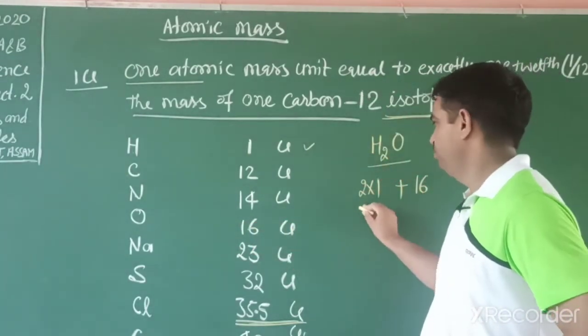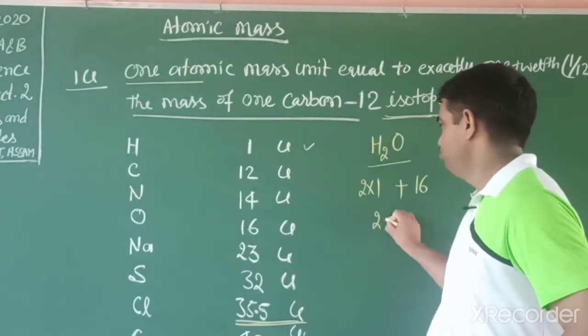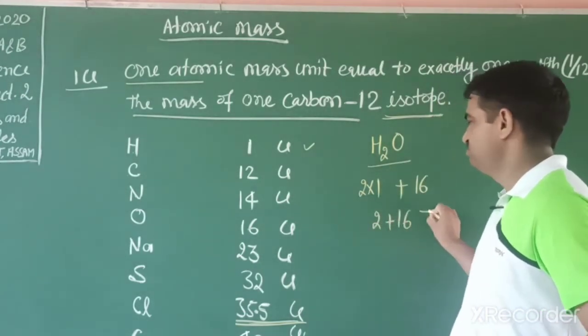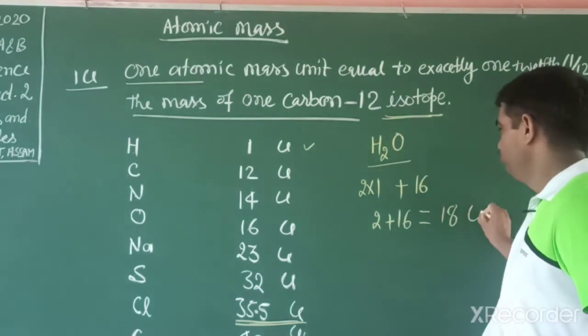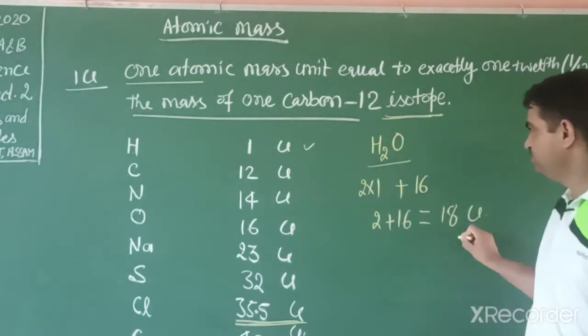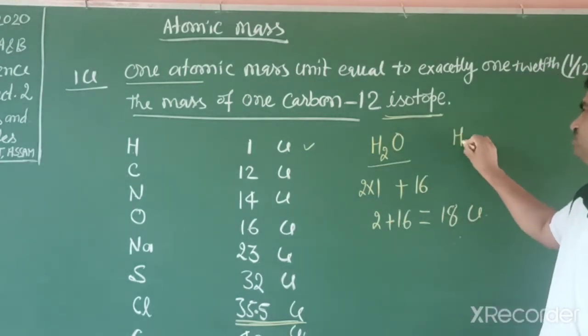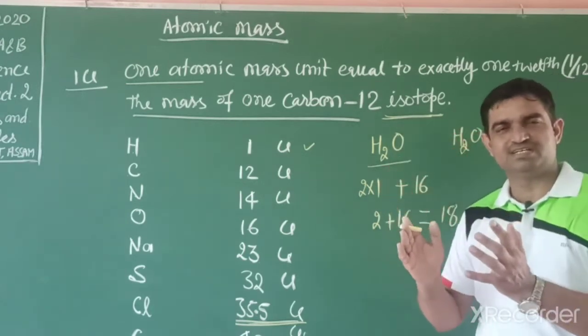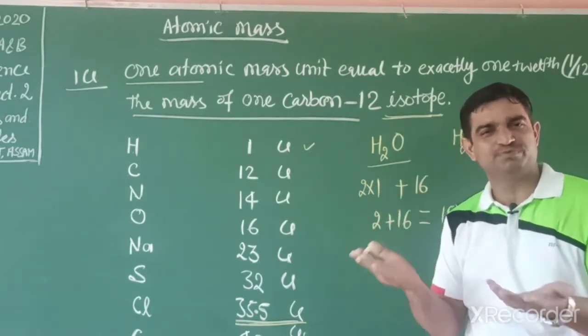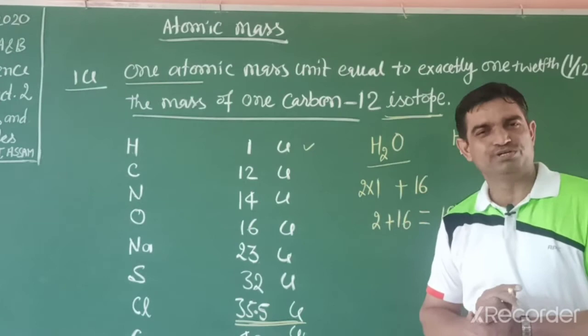Then we solve: 2 into 1 means 2, plus 16. It means 18 u.